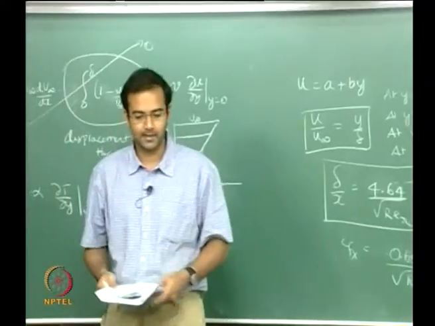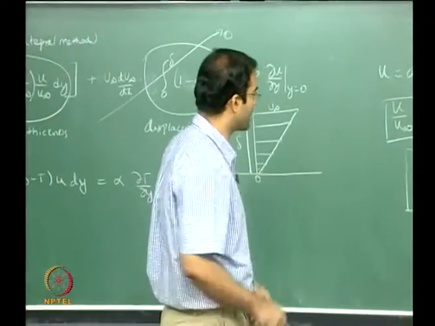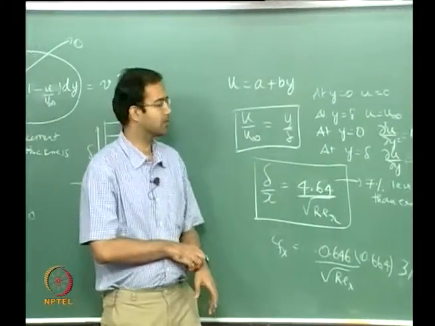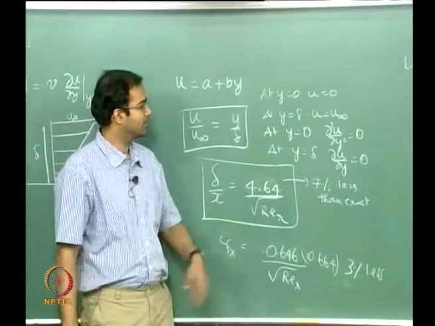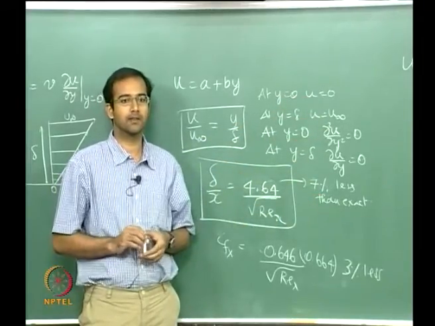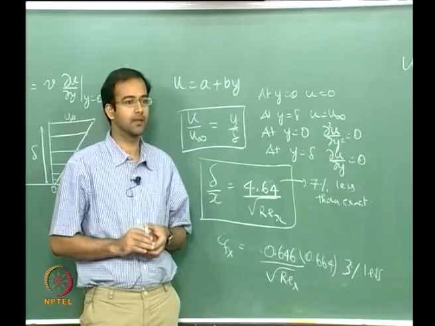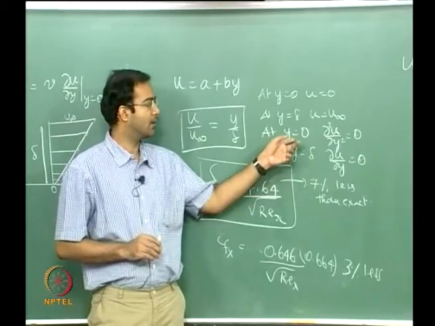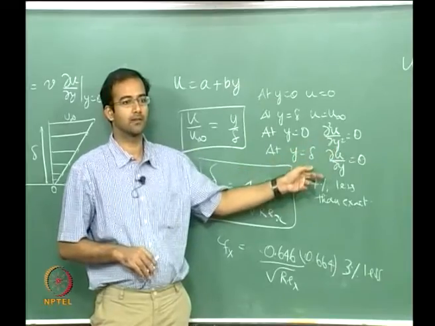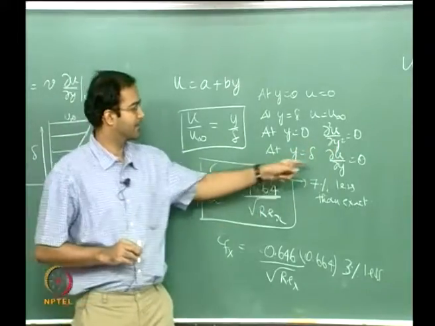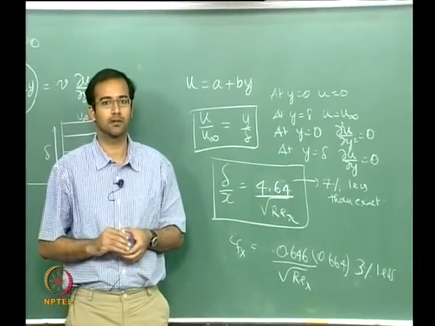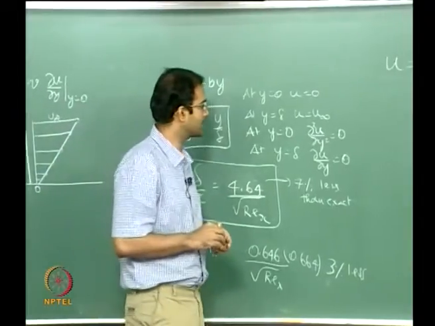Okay, therefore you can see the higher order polynomial is definitely better than using a linear polynomial, and you can also see that it's important to satisfy all these four boundary conditions if you want to get a reasonably accurate solution. Okay, so especially at the wall you have to also satisfy that curvature equal to 0, and at y equal to delta du by dy has to be 0. Okay, shear stress has to be 0 at the interface. So therefore these are the important things.